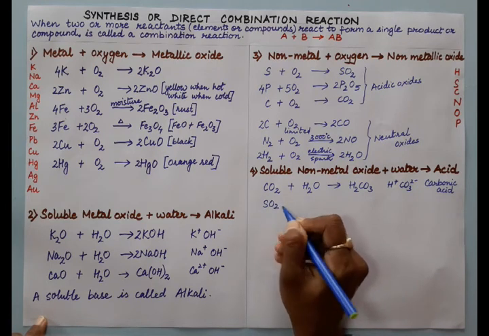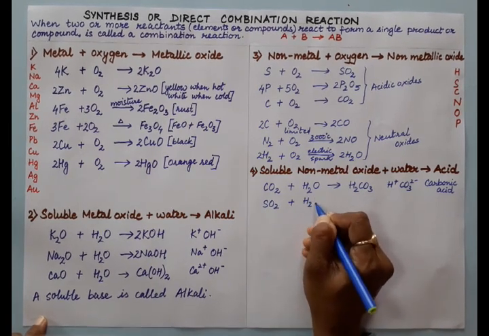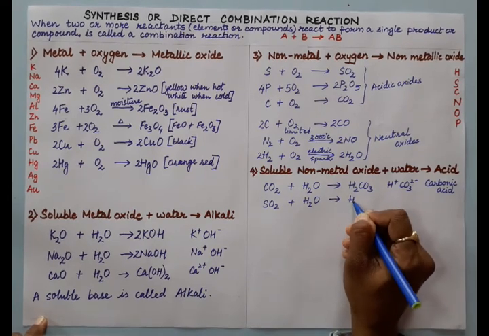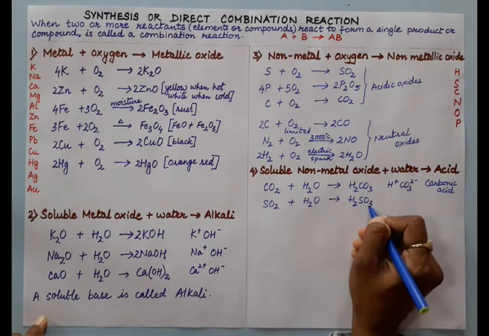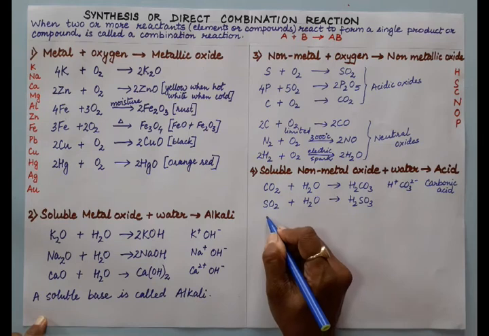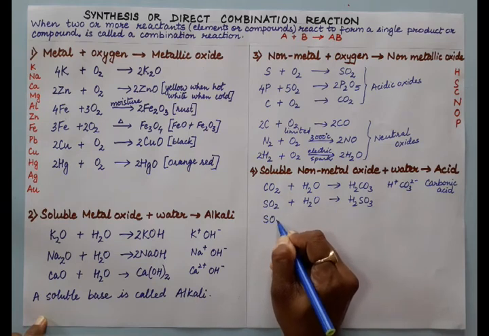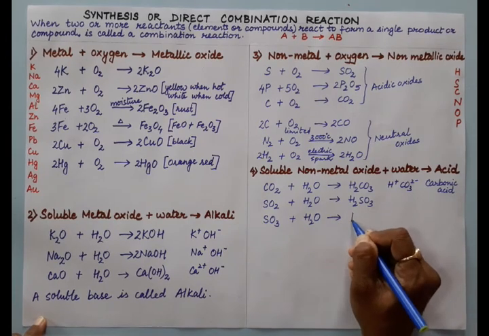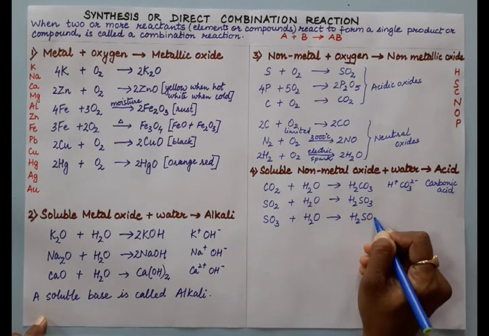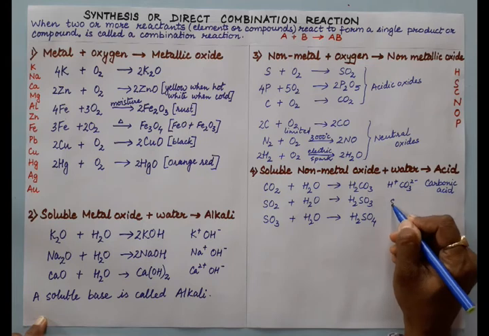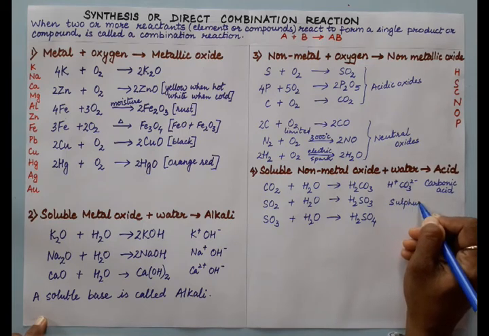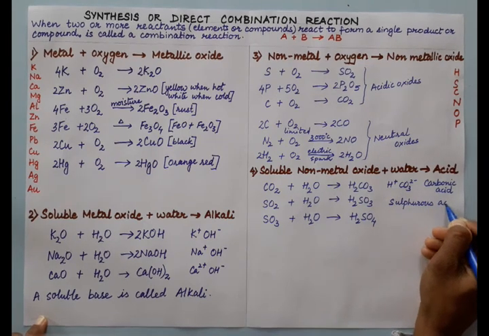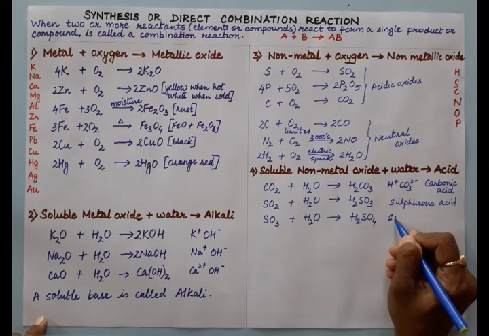Sulfur dioxide dissolves in water, we get sulfurous acid. This is again sulfite plus hydrogen. Sulfur trioxide dissolves in water, we get sulfuric acid, H2SO4. So this is sulfurous acid, and this is sulfuric acid.